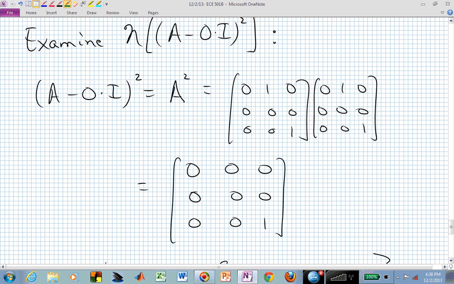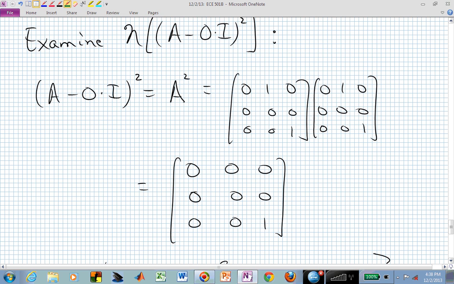What's going to be in the top two rows? 0. What's going to be in the bottom one? 0, 0, 1. It's going to look the same, isn't it? So as I increase this power, that null space is going to be the same because I've already expanded as much as I want. But now I could raise that to the third power, which is the dimension of my overall space, and I still have the same null space behavior.